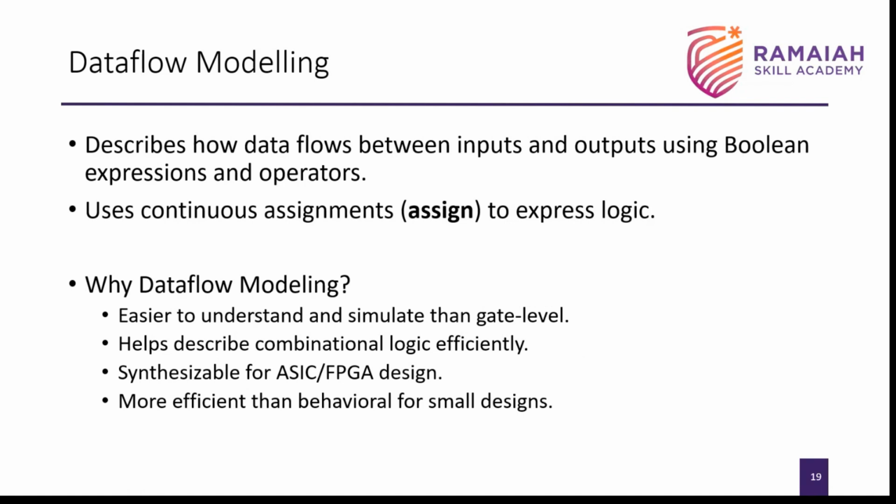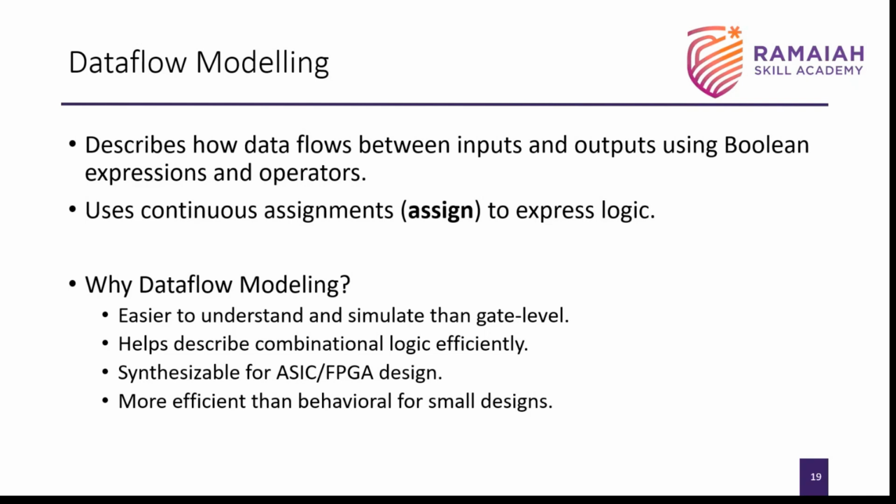Now let us understand these abstraction levels a little bit more briefly. So now, data flow modeling. As I said, it deals with how the data flows between inputs and outputs using Boolean expressions and operators. It uses a keyword called assign. Assign is used in data flow modeling.